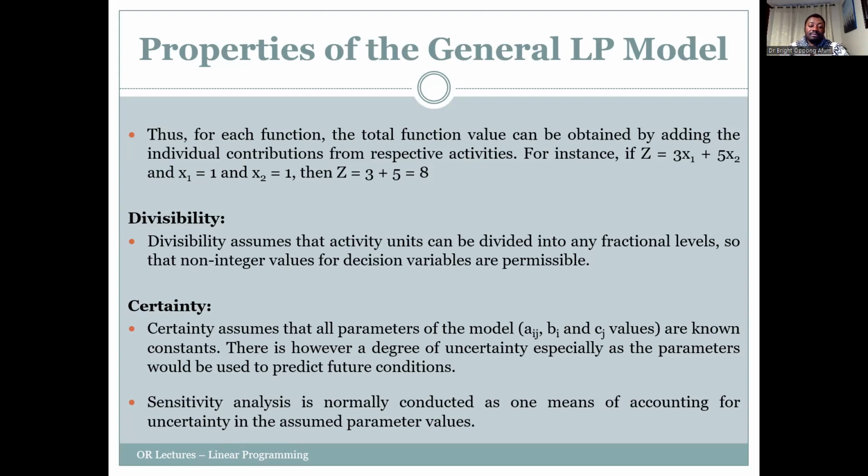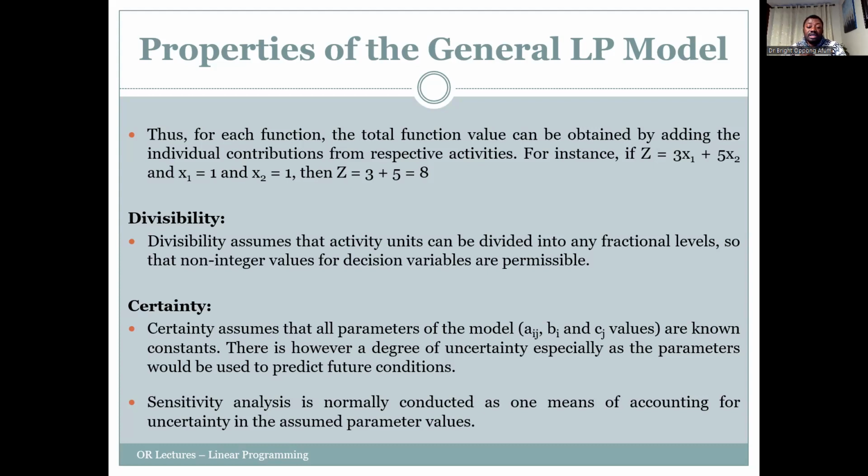This means that all the parameters of the model are known constants. However, the value itself is unknown unless we solve them. So we assume that they are known. Either they can be 0 or they have a particular value assigned to it, right?